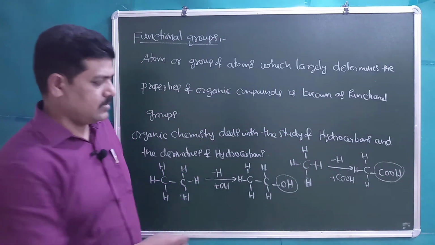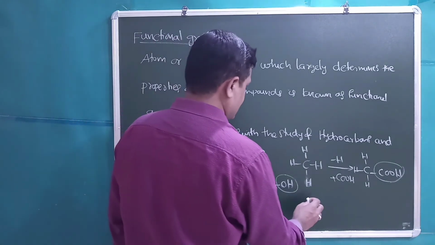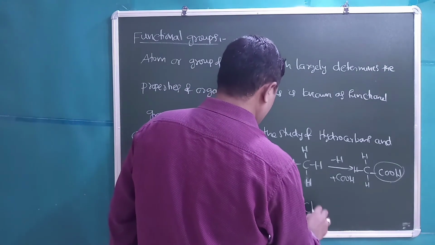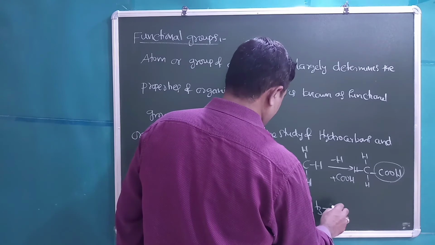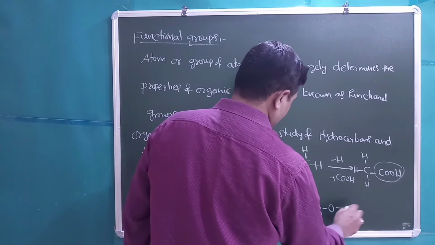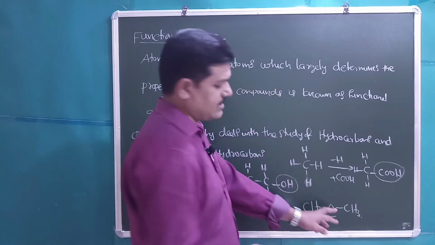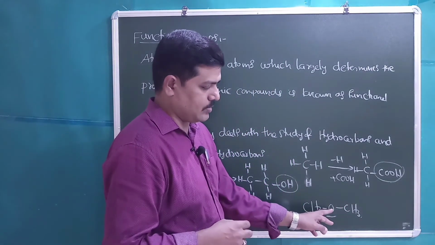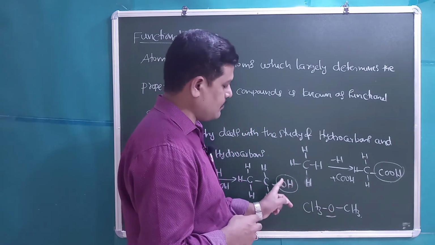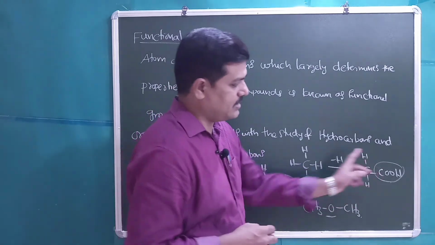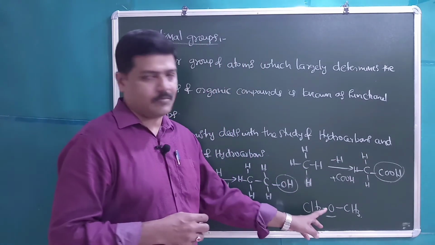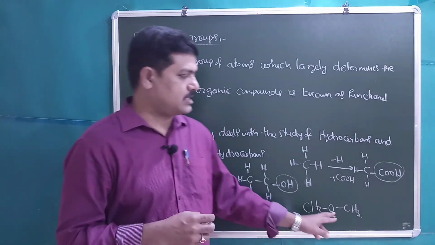Students, if it is an ether, for example, you take dimethyl ether, CH3OCH3. Here only one single atom determines the properties of the organic compound. An atom or group of atoms which largely determines the properties of organic compounds is called a functional group.